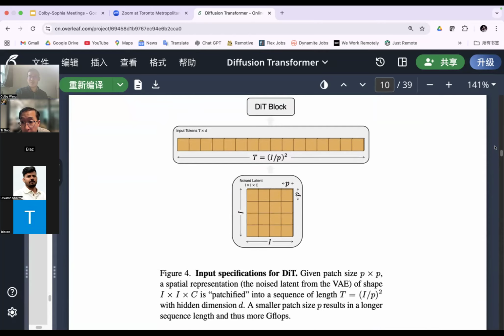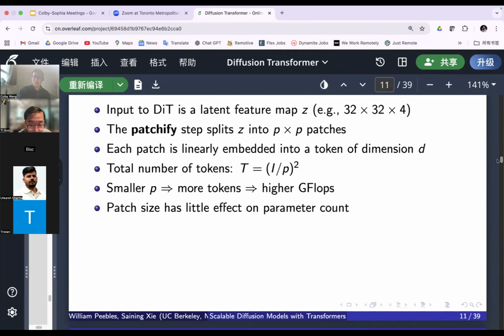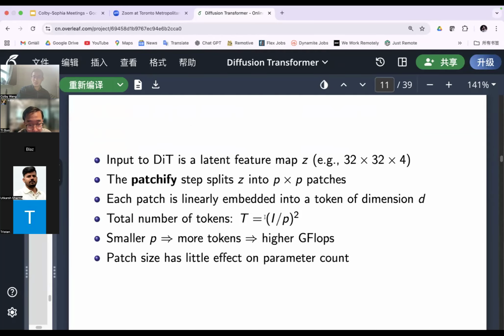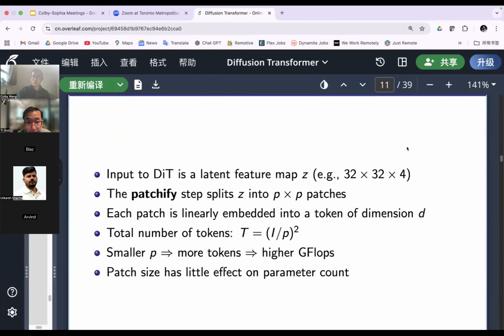What does this Z represent? It's a compressed image.